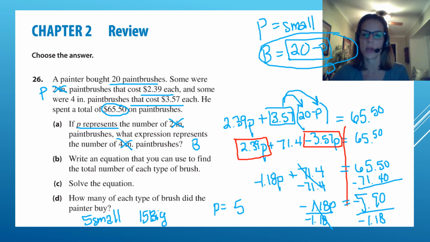So I have 2.39p and negative 3.57p. Those are different signs, so I'm going to subtract and keep the sign of the larger. So I'm going to subtract 3.57 minus 2.39, and it's going to be negative.